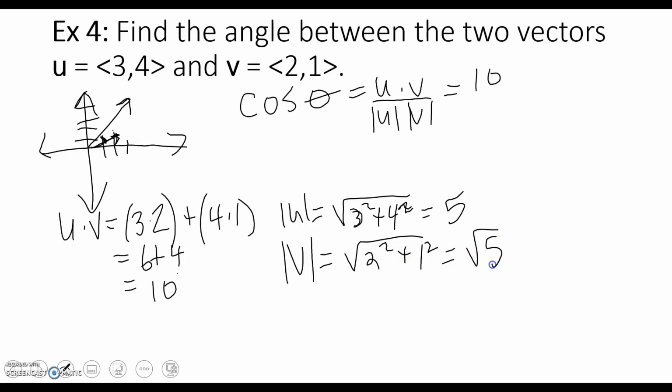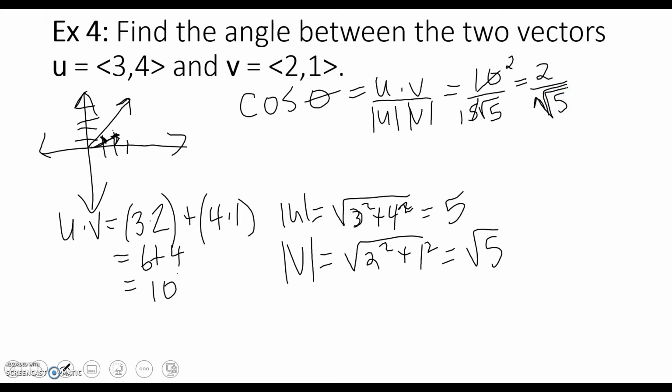That's the square root of 5. So in the denominator here, we get 5 square roots of 5. You can reduce that a little because 5 goes into both this 5 in the bottom and this 10 in the top. And that becomes 2 over the square root of 5. So you can use that number instead.